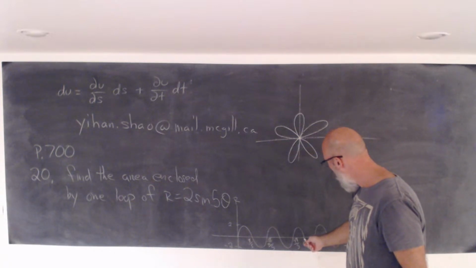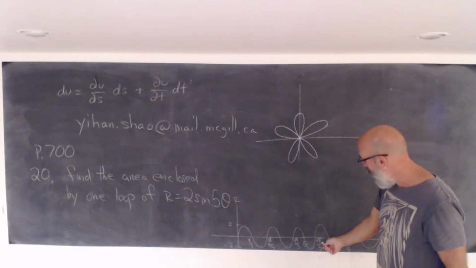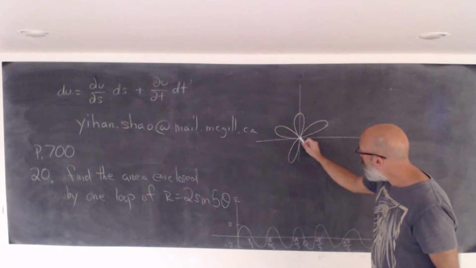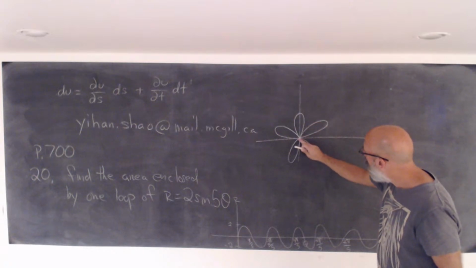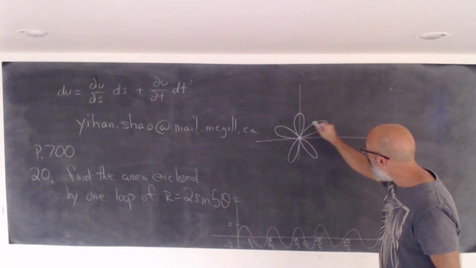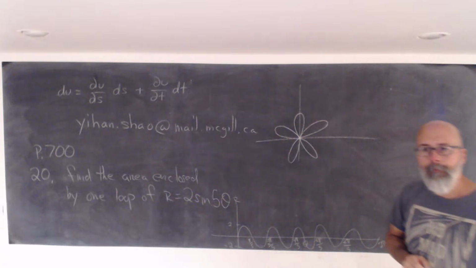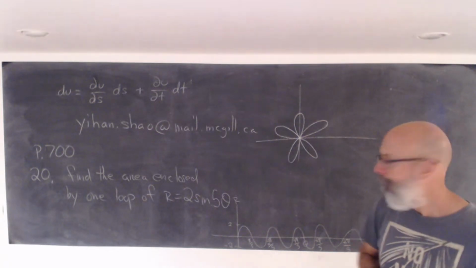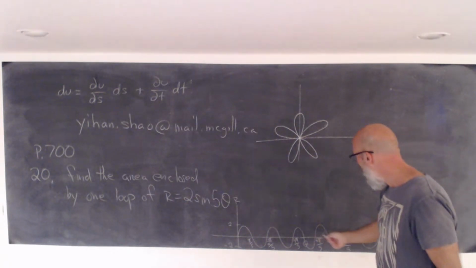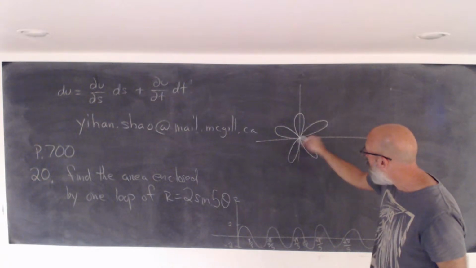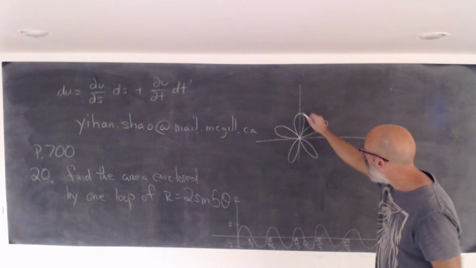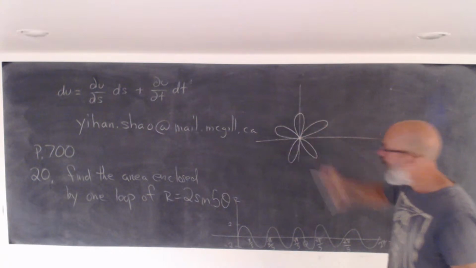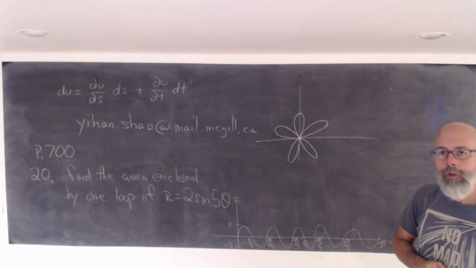And then 5 pi over 5 to 6 pi over 5 is negative. So instead of graphing it here, it moves back on itself right here. And then the same thing happens over and over again, right? So that's how this is drawn.